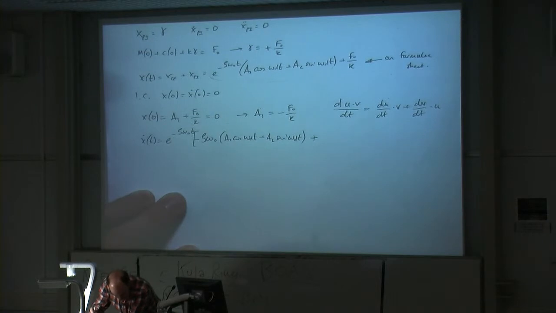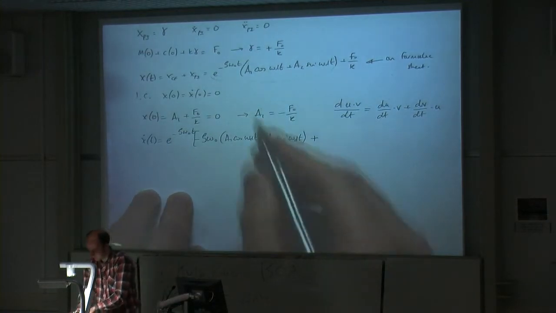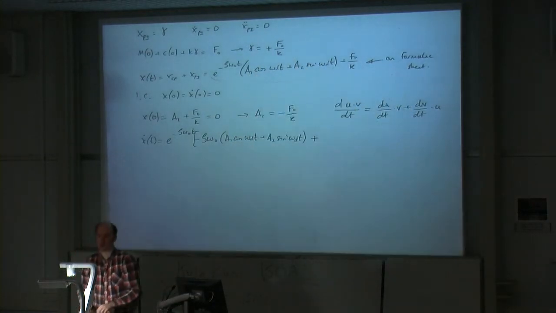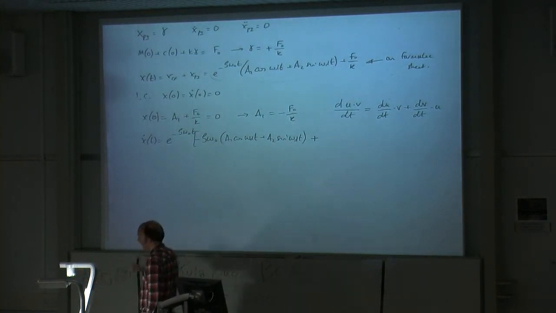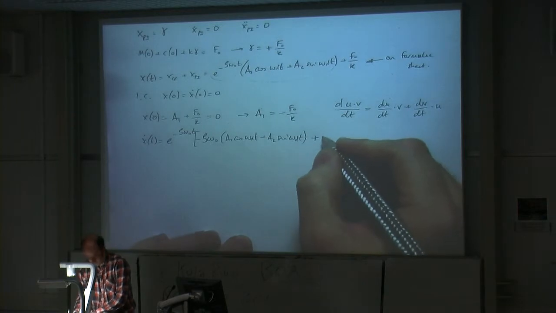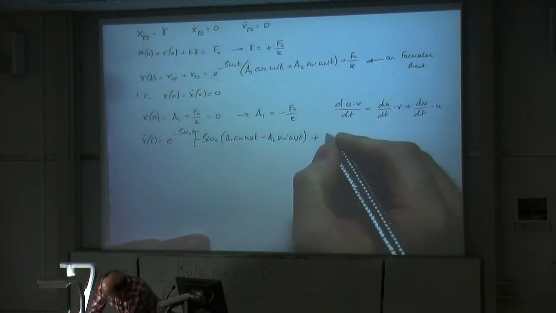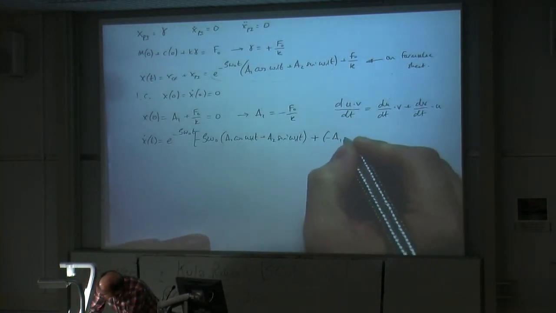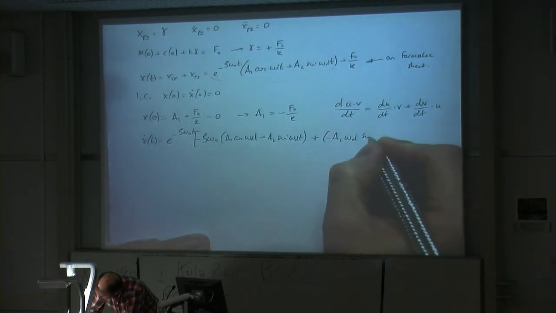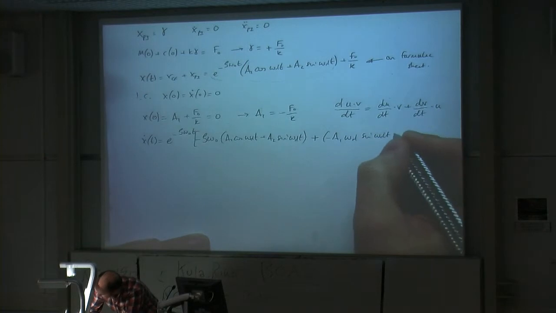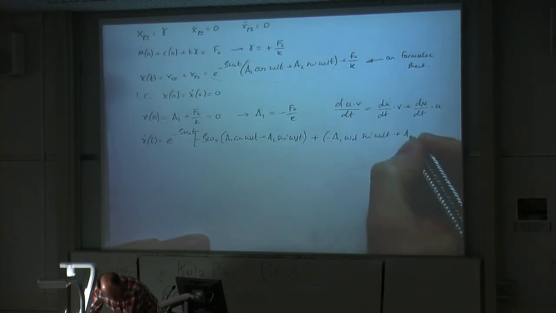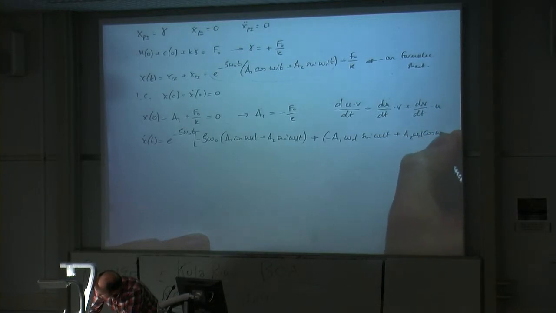Plus, and then we've got to take the derivative of this term. Well, derivative of cosine is minus sine, but because we've got an omega d inside the function, that comes out. So we have minus a1 omega d sine omega dt plus a2 omega d cosine omega dt.